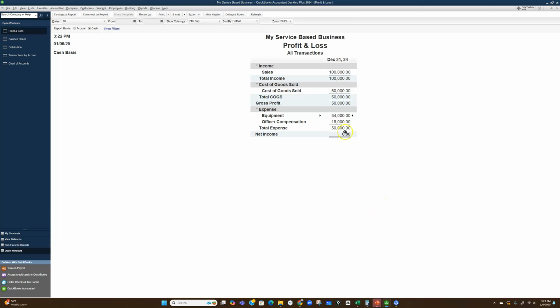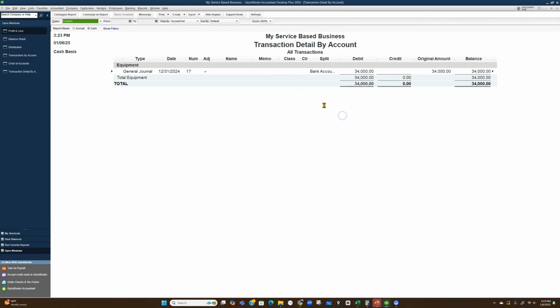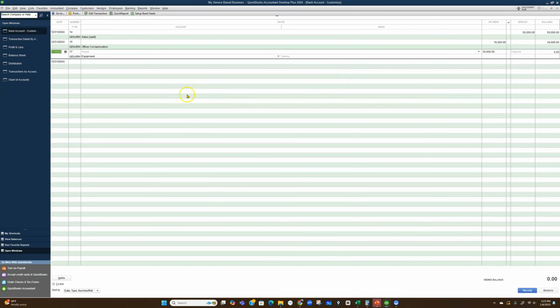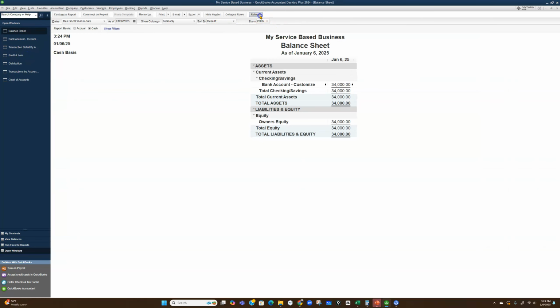But what happens is, and that's where all your question is coming from, if a C corporation doesn't distribute out those funds and we have the $34,000, if I own a C corporation, then I could take the $34,000 from my bank account, from my equity, and I could loan that to another entity.